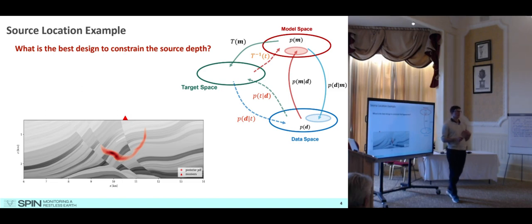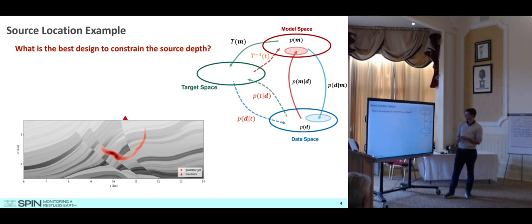So now I want to introduce what interrogation theory means. Interrogation theory means that we want to answer a specific scientific question, and in this case the question is going to be, what is the best design to constrain only the source depth? And in this case this will change the best receiver location dramatically. But to do that, we can't work in model space anymore, because that's 2 coordinates, and we're only interested in 1.